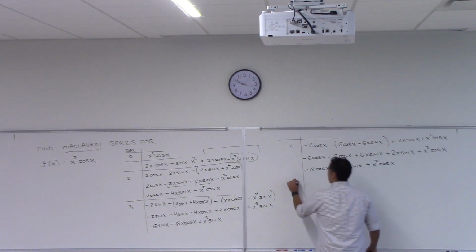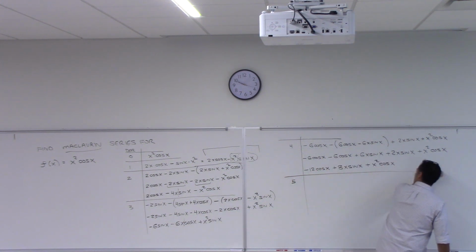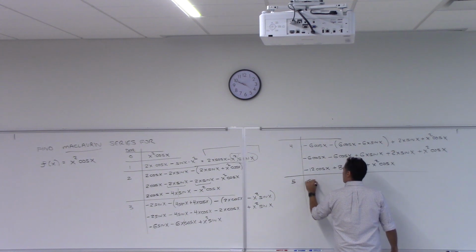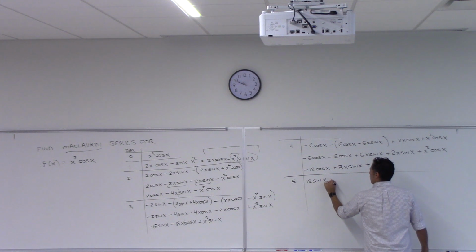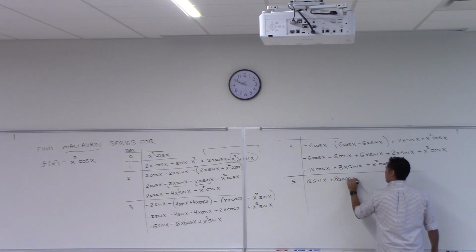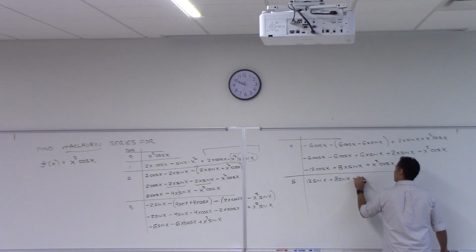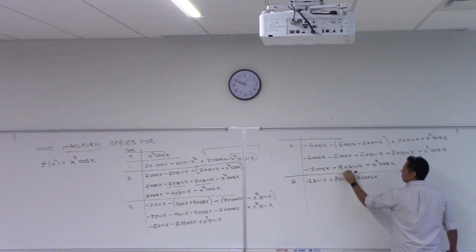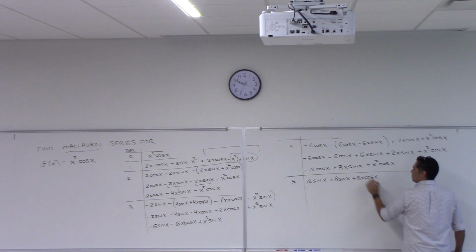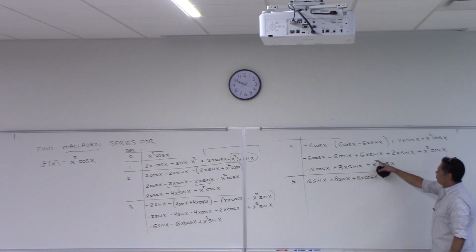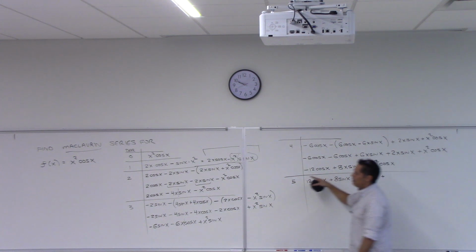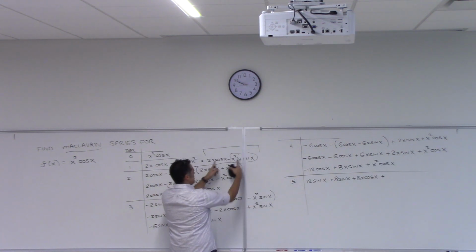The fifth derivative is going to be 12 sine x, that's derivative of this, plus 8 sine x plus 8x cosine x. That's my product rule right here. Plus, derivative of x squared cosine x. I did that in the very beginning, and that was this one right here.